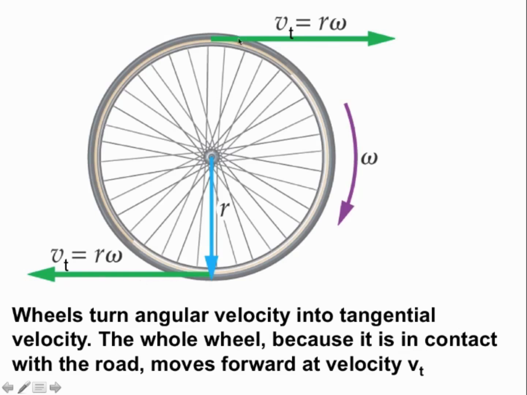The top of the circle, the v_t is going forward, but the whole wheel moves forward at velocity v_t because when this tire hits the road, it's turning this backward v_t into a forward v_t of the whole wheel.